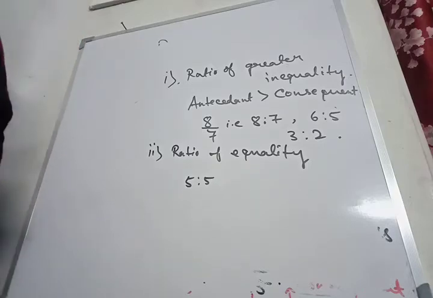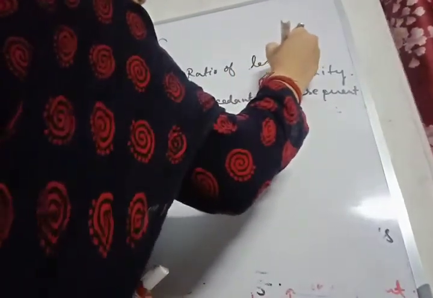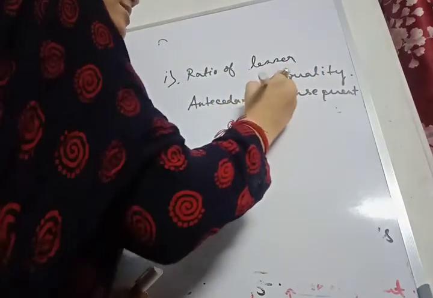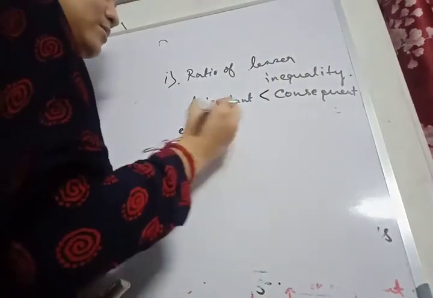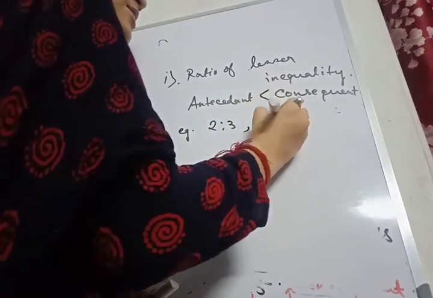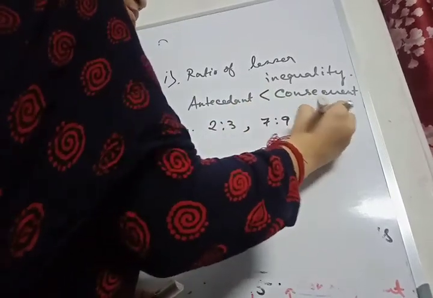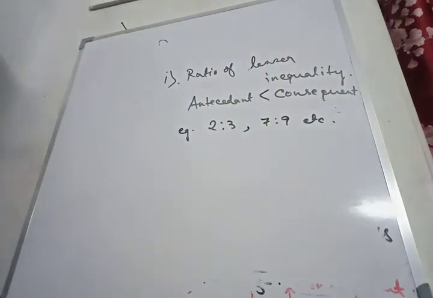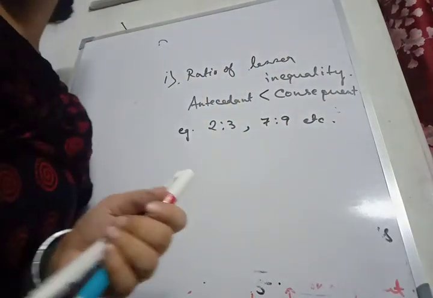Then we have ratio of lesser inequality. Lesser inequality is exactly the opposite, where the antecedent will be lesser than the consequent. For example, we will have 2:3, then 7:9, etc. So these are my few types of simple ratios.